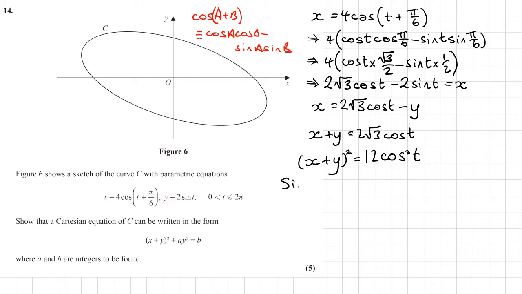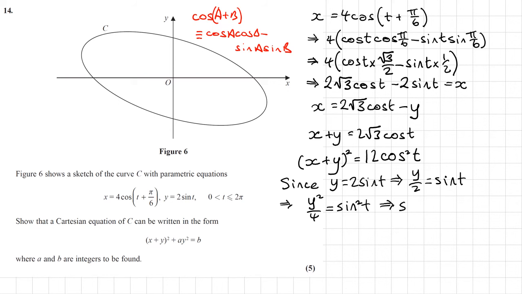So since y is equal to 2 sine t, that would give us y over 2 is equal to sine t. Now if we square this, we'll get y squared over 4 is equal to sine squared t, and then we can use the identity sine squared t plus cos squared t is 1, and then we can take that cos squared t out and replace it with 1 minus sine squared t.